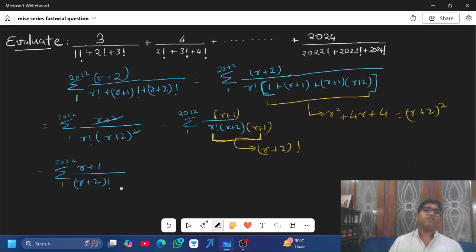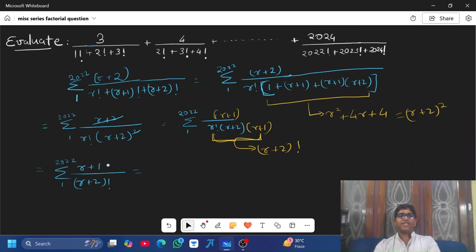Now this is standard notation. We can solve this further. Whenever you get a factorial in the denominator of an expression and you are asked to simplify, the first thing you should do is try to create something in the numerator so that the terms will get cancelled. This is a general method.